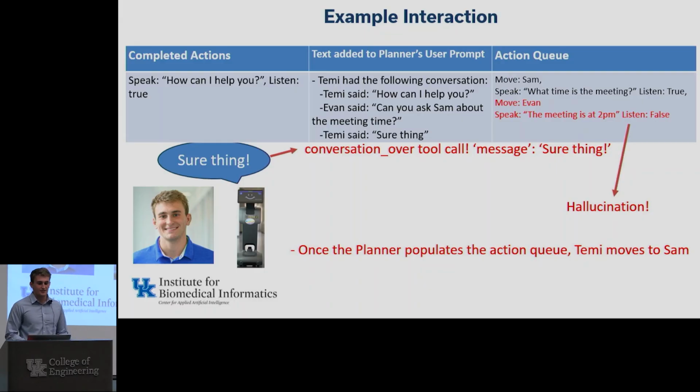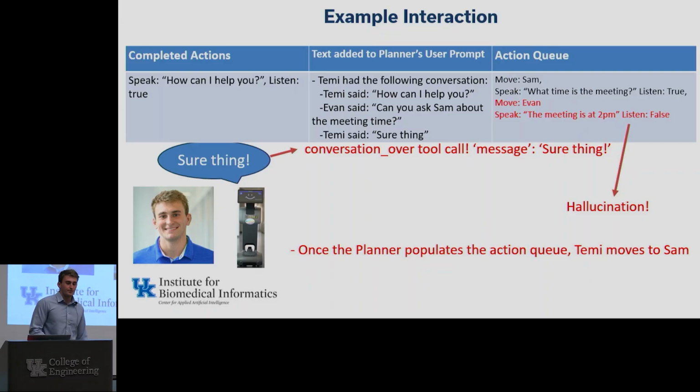After the action completes, we construct a natural language description of that action to put into the planner's user prompt, into that section that we build out in the planner. So for this example, it's Temi had the following conversation: Temi said this, Evan said this, Temi said this.